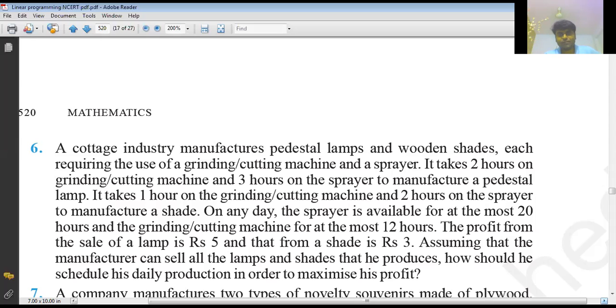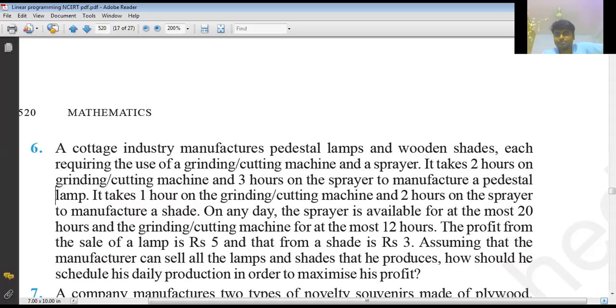So the profit from the sale of each pedestal lamp, how much? 5 rupees. And what is the profit on each wooden shade? 3 rupees. Assuming that the manufacturer can sell all the lamps and all the shades he produces, how should he schedule his daily production to make his profit maximum?